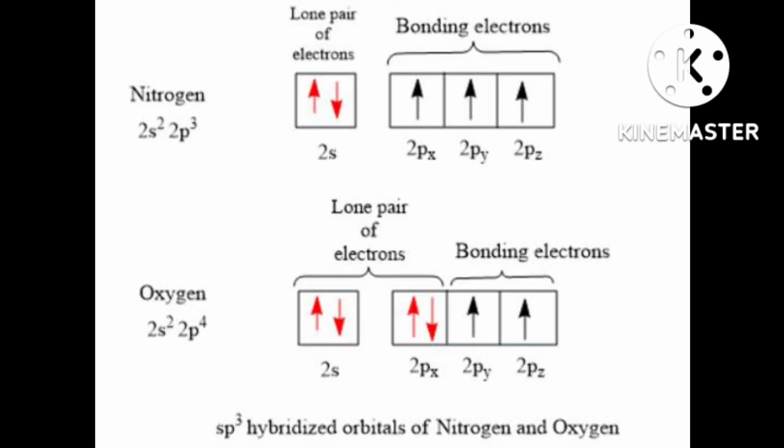Correct? But for the same type of molecule, like two carbons combining, the orbitals belonging to both carbon 1 and carbon 2 should hybridize, and then only they will combine and the molecule will be formed.